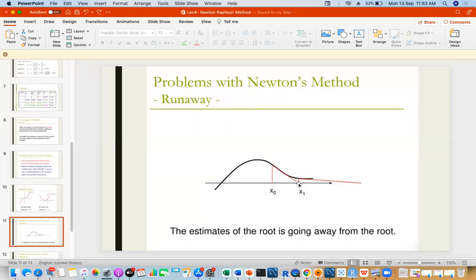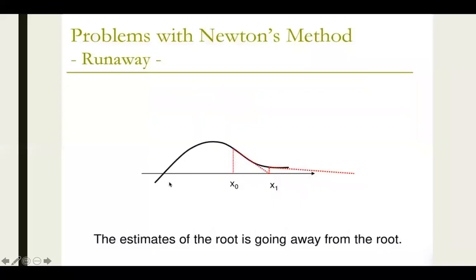Again we will go to this point, again we will find the tangent, but here if you see, we are going away, right? Our root lies here at this point, but we are going in the opposite direction. That is called runaway. Here we have problem with Newton's method, like here we will get stuck.